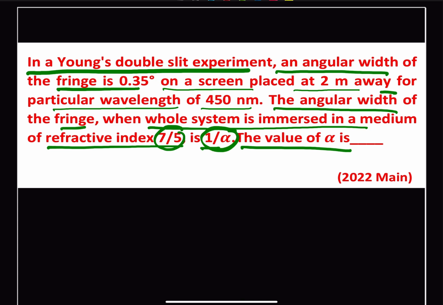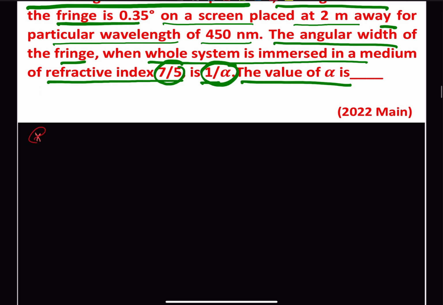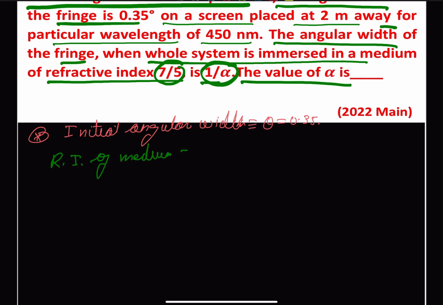So the information that is given to us: the initial angular width, let us suppose that is theta, which is 0.35, and the refractive index of the medium, let us suppose that is mu, which is 7/5.